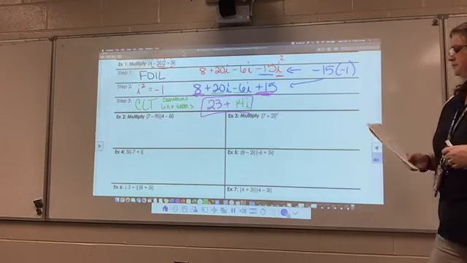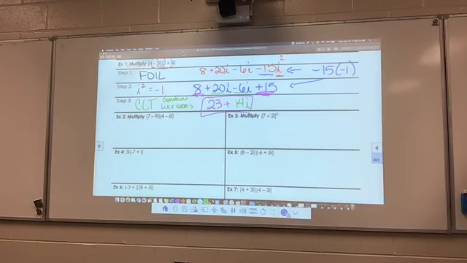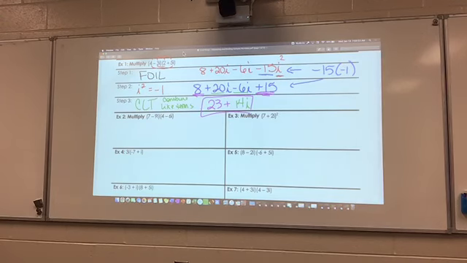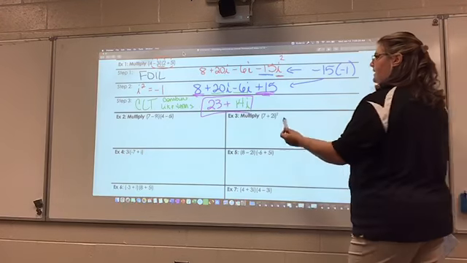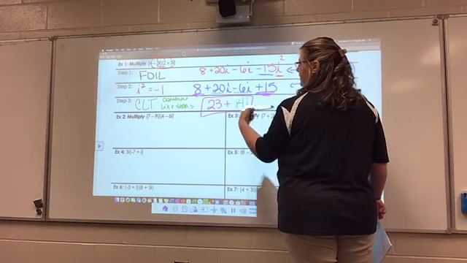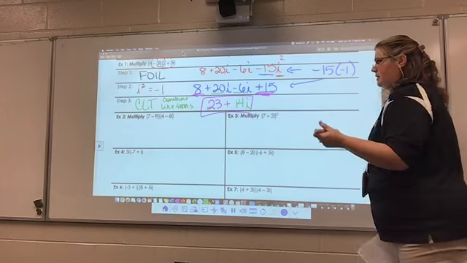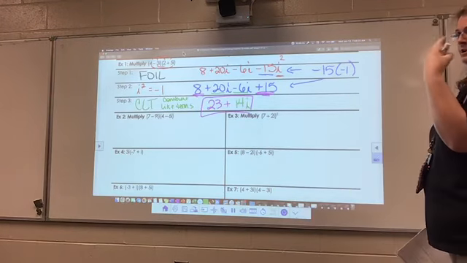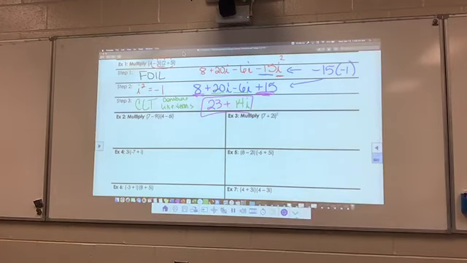There you go. So always grab your i's. That gives you your imaginary combined term, and then look at those real numbers and see if you can combine those.